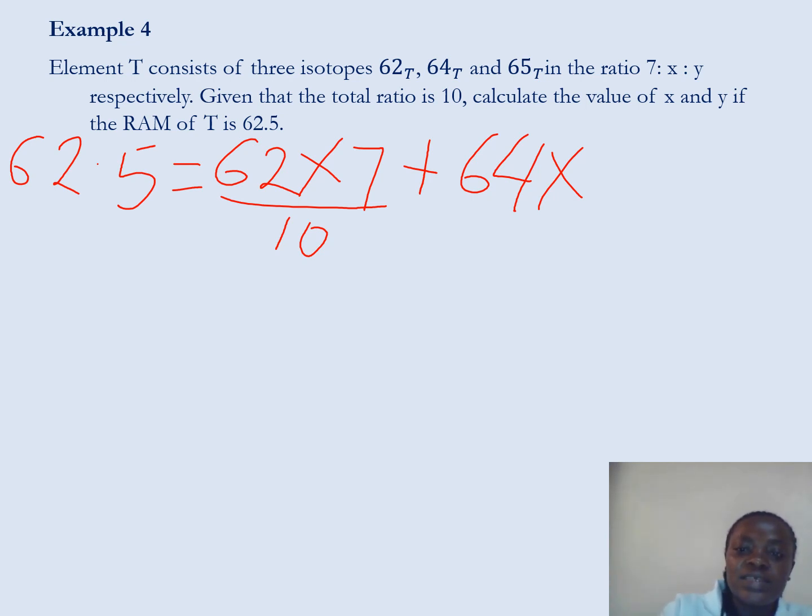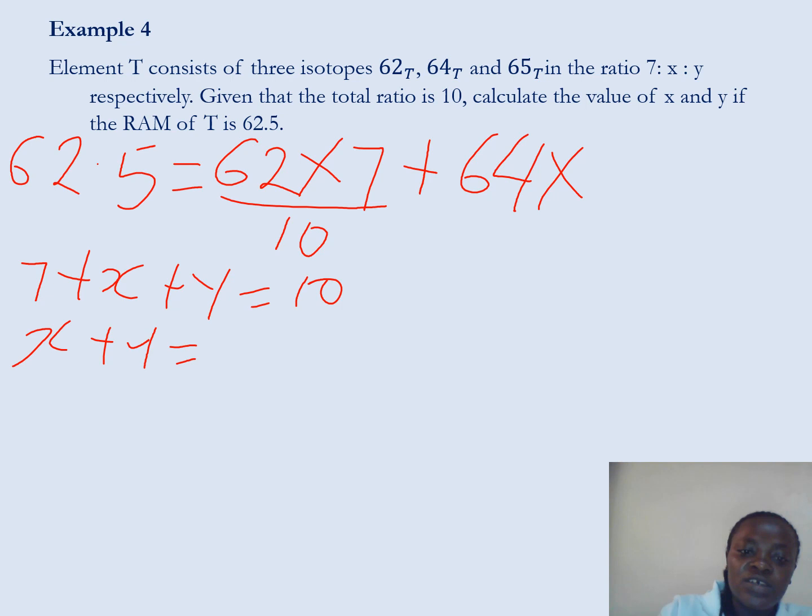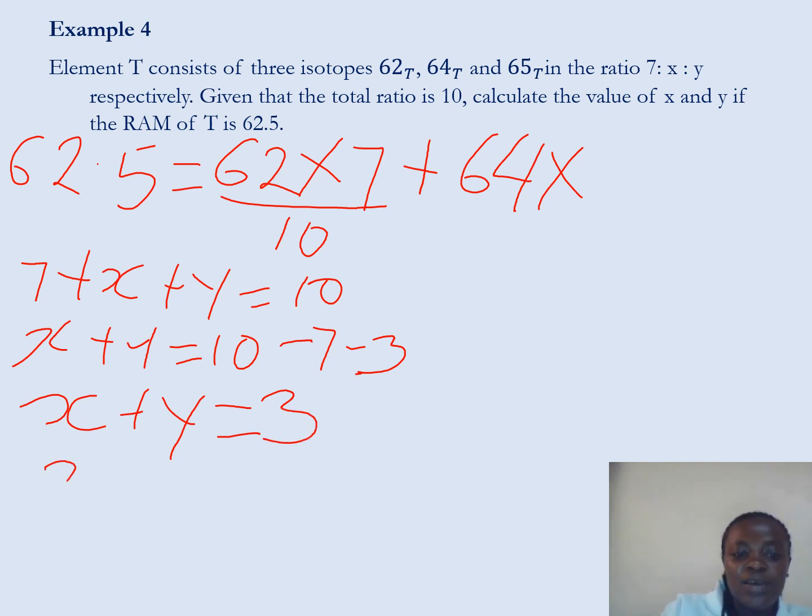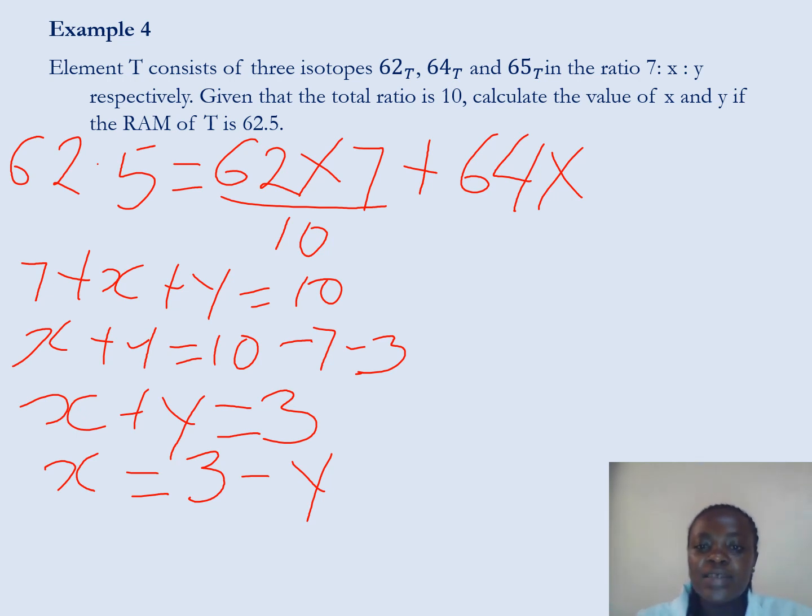The total ratio is 10, so 7 plus x plus y should give us 10. So x plus y is 10 minus 7, which is 3. So x is equal to 3 minus y.